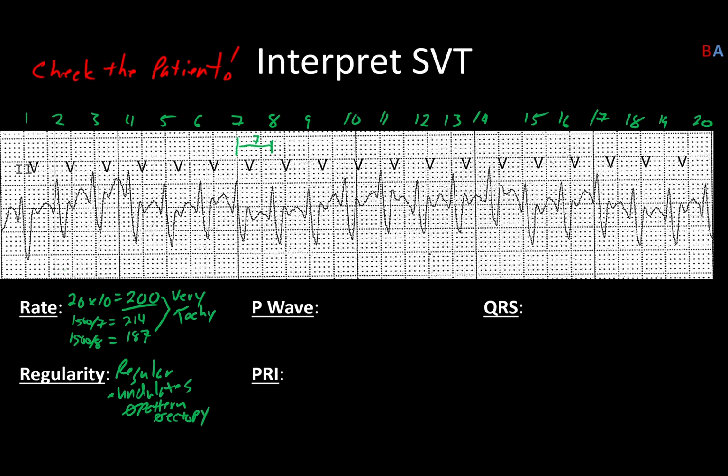Now, can you see any P waves in this? Well, first let's look at this a little closer and see if we can't pick apart what we're looking at. And so we'll start here on the end with the 16, 17, 18. Right up here, this is your R wave. This is your S wave.